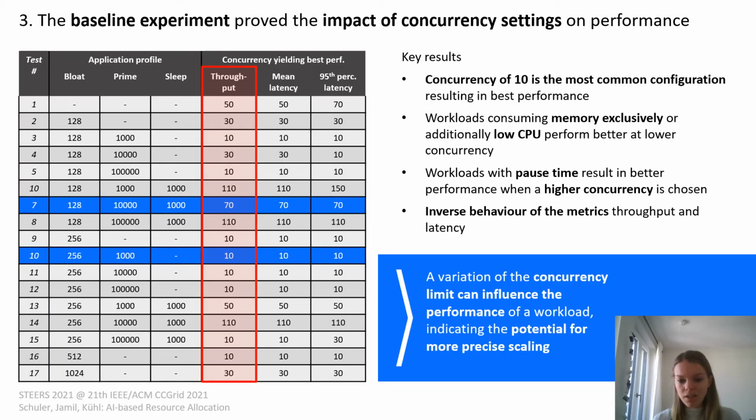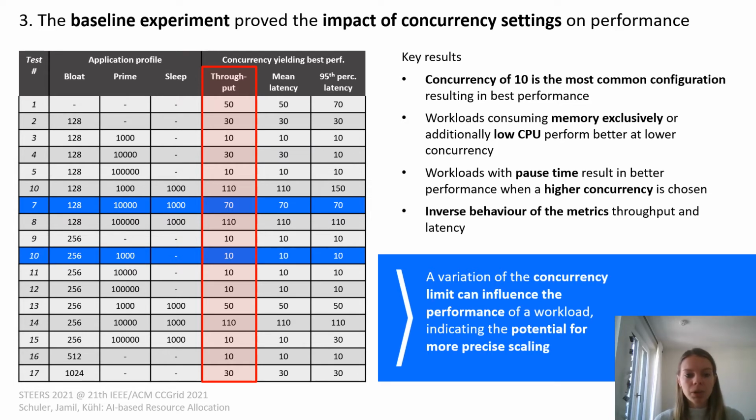All in all, our baseline experiment showed that for different workloads defined through a different set of parameters, we have different concurrency settings that result in the highest throughput or lowest latency.